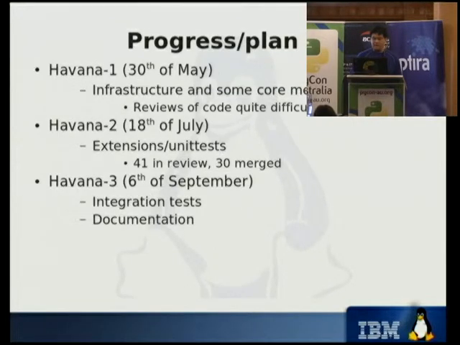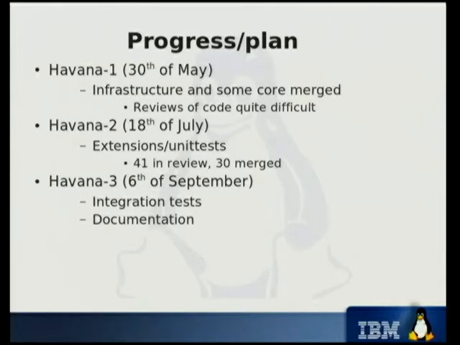So in terms of current progress, for the Havana 1 date, 30th of May, we got most of the infrastructure and core merged. It turned out that although the changes themselves weren't very large, the reviews took a very long time to get through, and they were quite difficult. The reason for that is because of the cut and paste, the change sets looked really big.